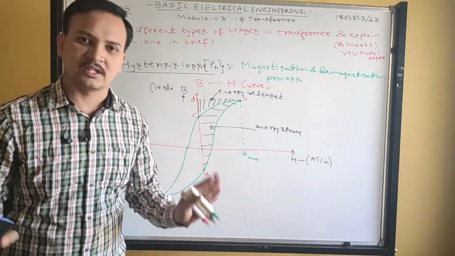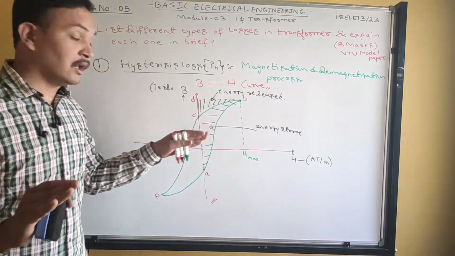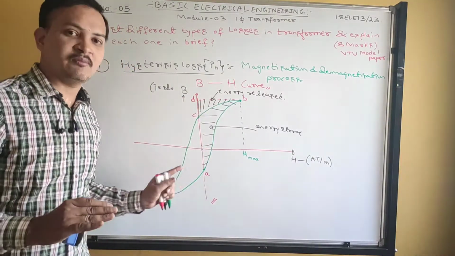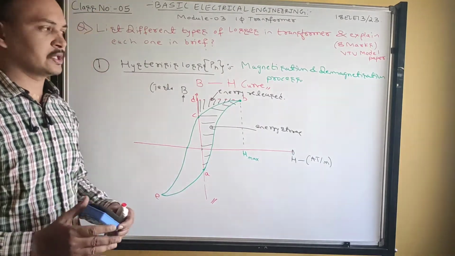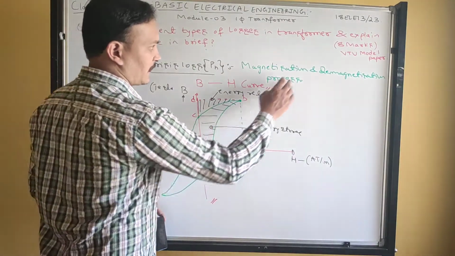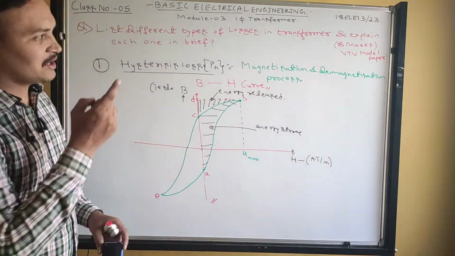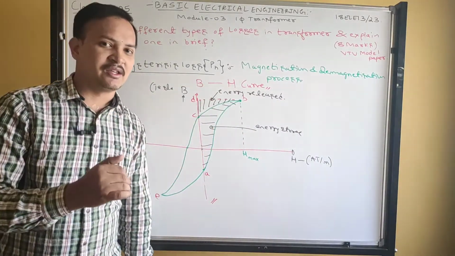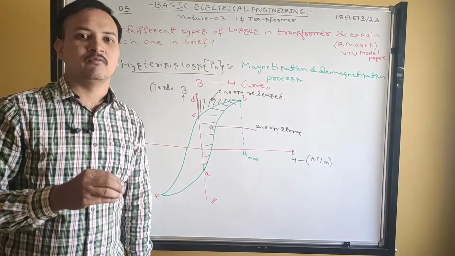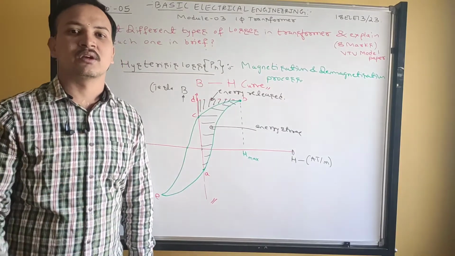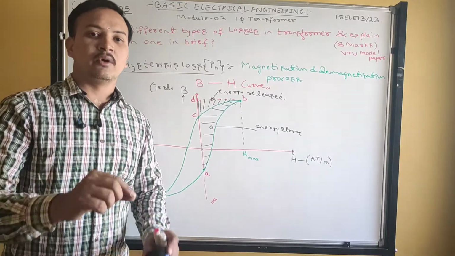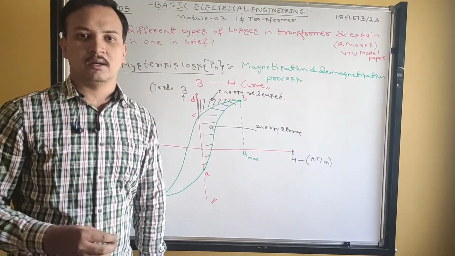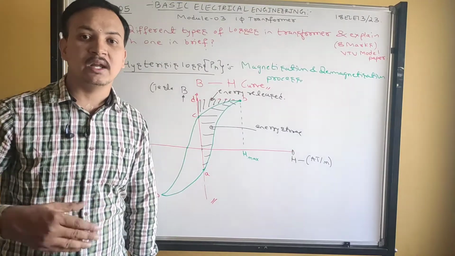That much is sufficient. Don't write all these things. Only for understanding purpose I have written this BH curve. During magnetization, energy will be stored. During demagnetization, energy will be released. The difference in that energy will produce hysteresis loss. That is called net power loss. That loss will dissipate in the form of heat. The transformer core will become more heated.